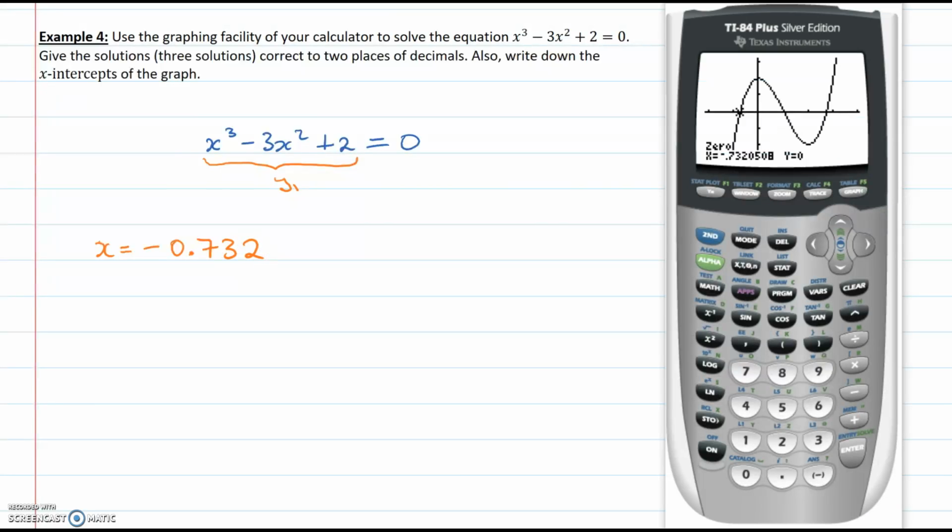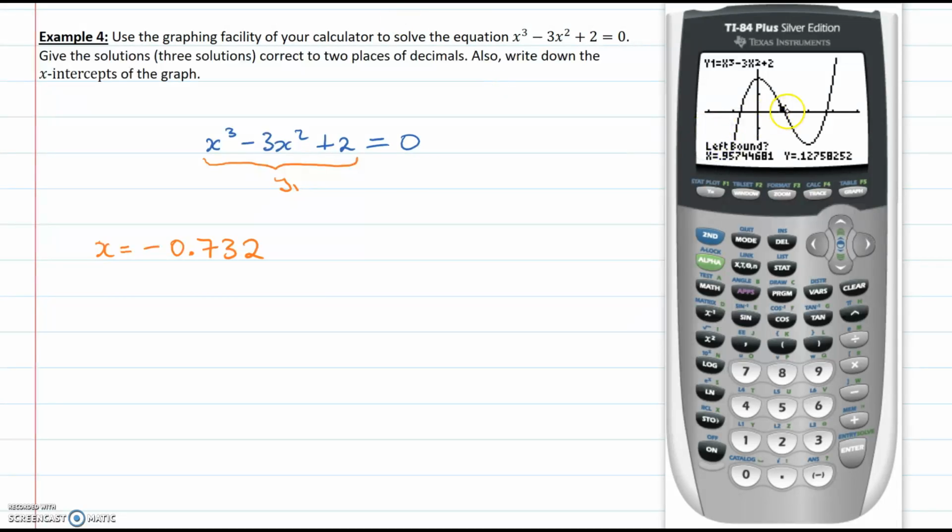Let's go back. So we've done our first zero. The next time the graph crosses the x-axis is here. Let's do it again for this point: second, calc, and 2, because we're trying to find a place where the graph crosses the x-axis, that's 0. Move over to that point, and make sure again that you stay on the left of it.